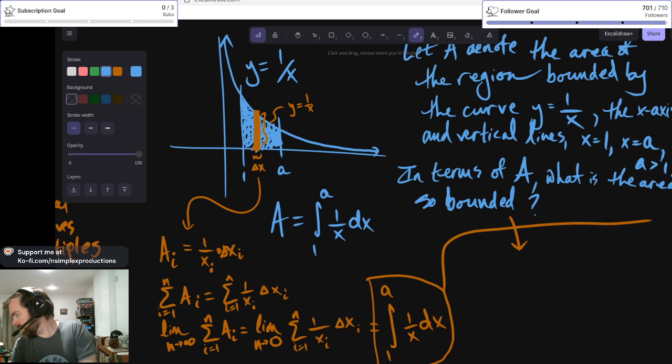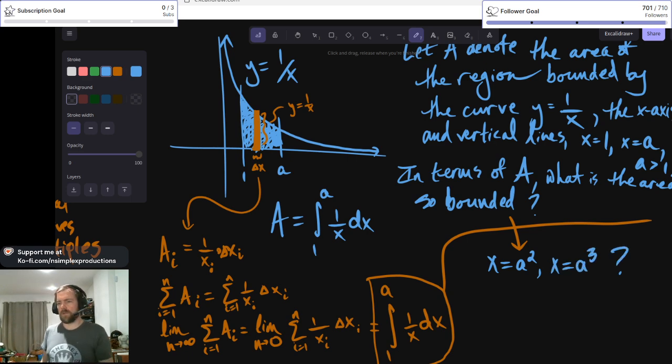This said if the vertical lines are x equals a squared and x equals a cubed, then what is going to be the area A of that bounded area? Right? X squared, x cubed? Yeah. So this is going to have the same integral that we had over there, but it's going to have a squared as our lower bound and a cubed as our upper bound, since a is greater than 1, right?